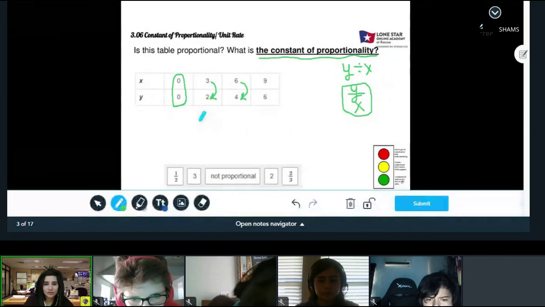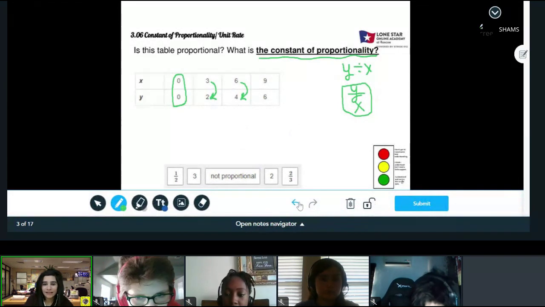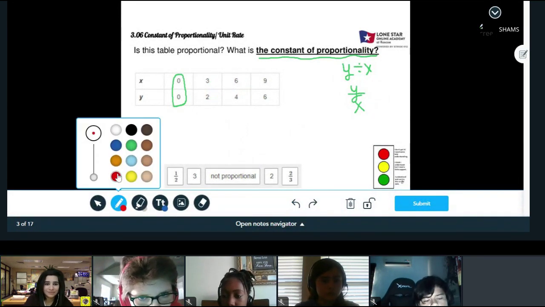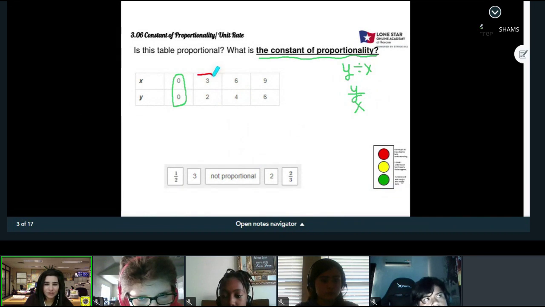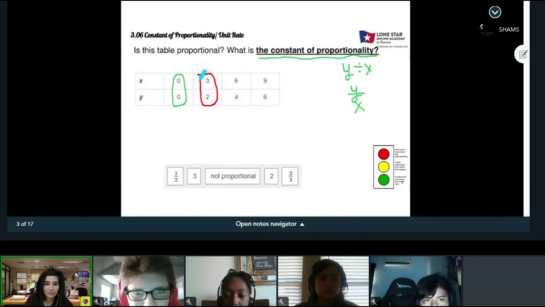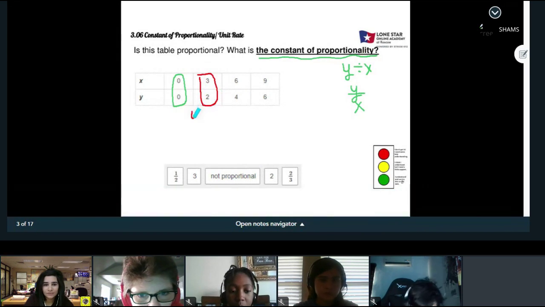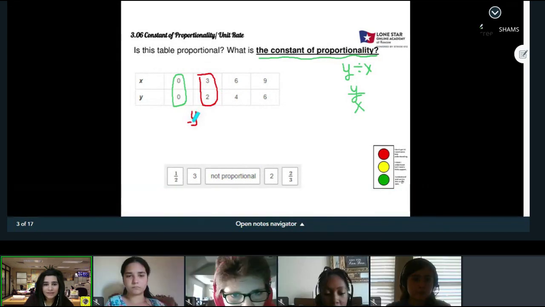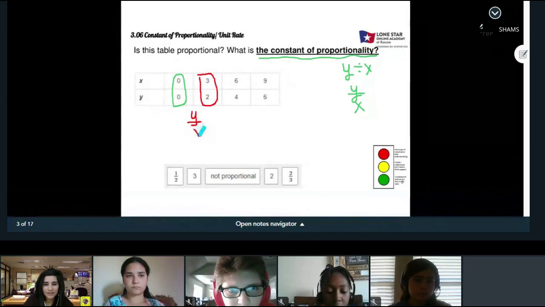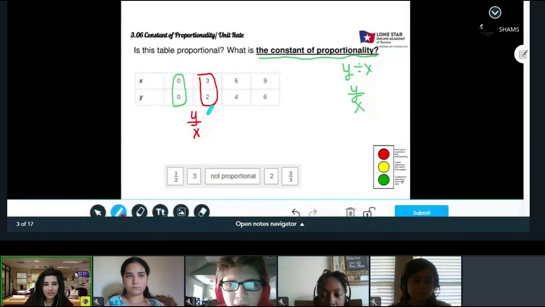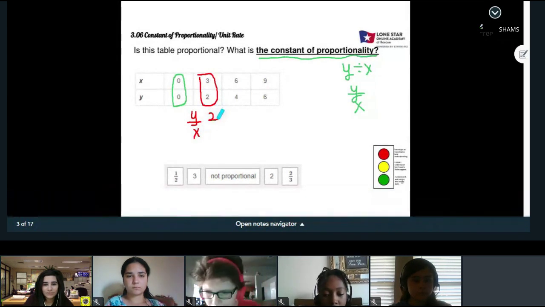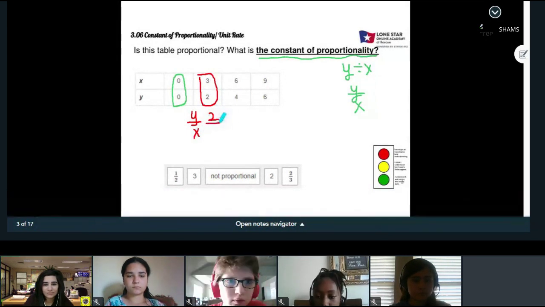So my y, and I will color code it and make life easier. The constant of proportionality has to be constant. So y over x. In this one, y is 2 and x is 3.